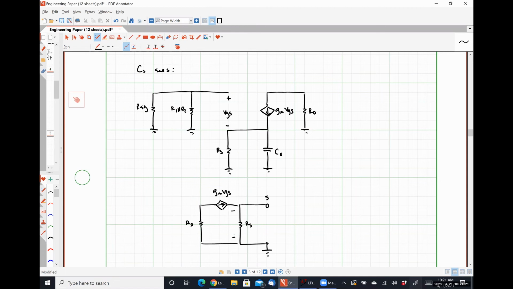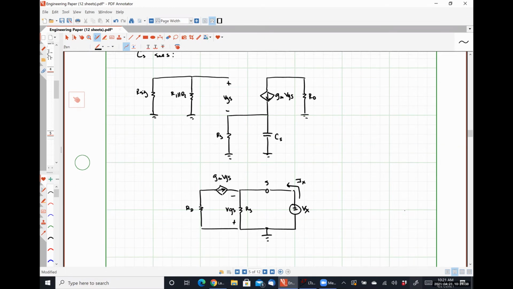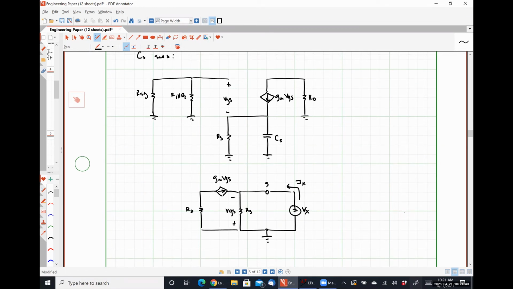So here I have plus VGS, and using the test source method, I'm going to apply some voltage Vx here and measure the current Ix, and the ratio of those two gives me my resistance.